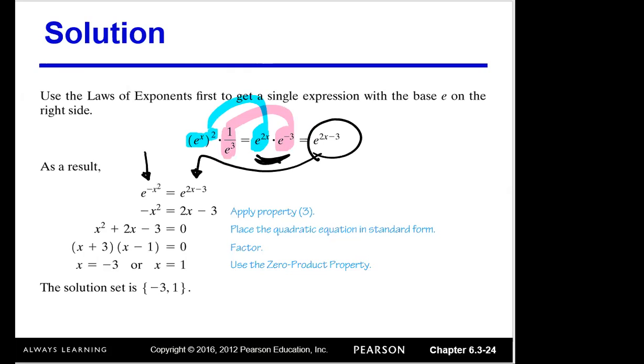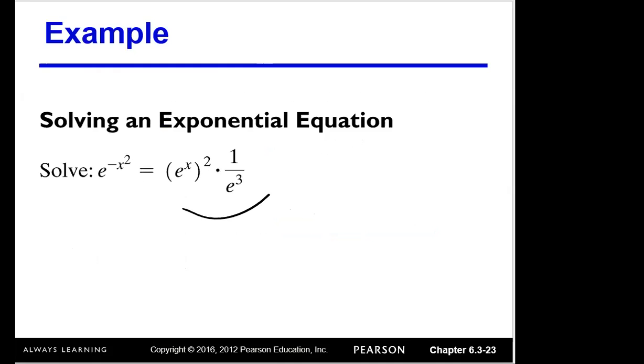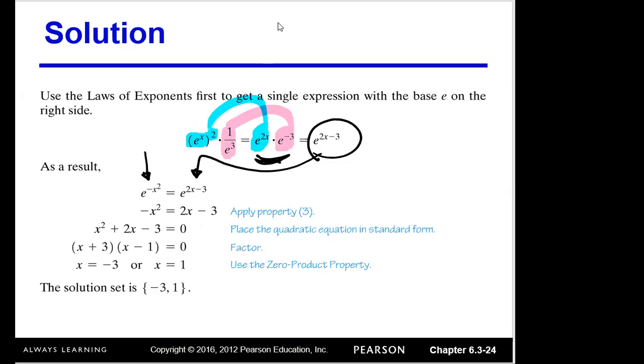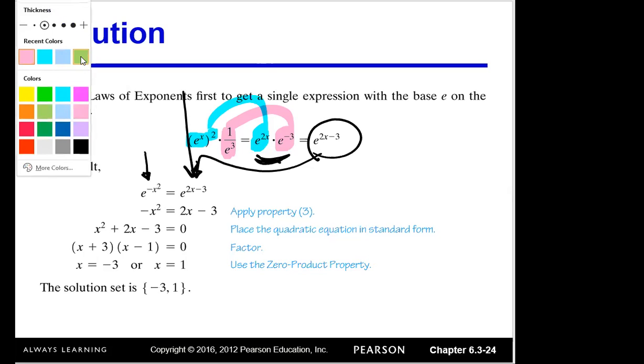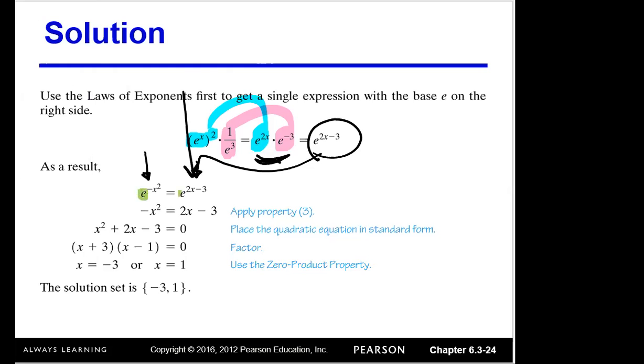This was the left side from the original problem. So they just took this right here and simplified it to be this right here. And now you have an e to the this equals an e to the that. If you look at it, both sides have a base e.